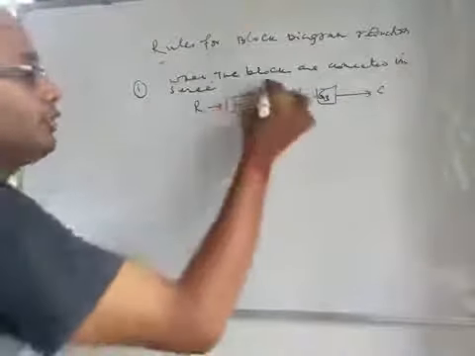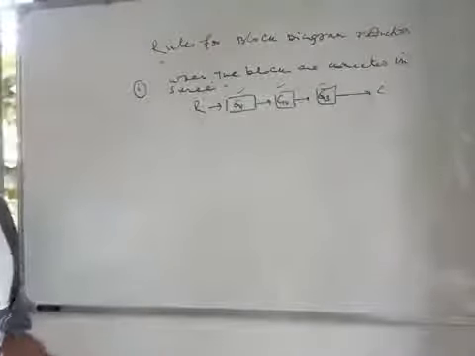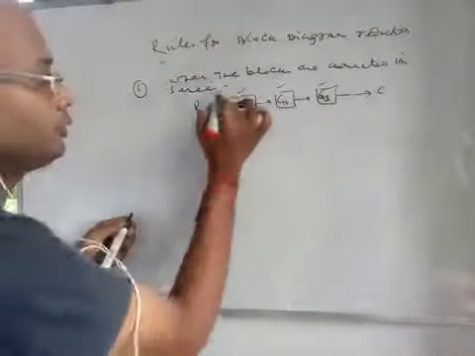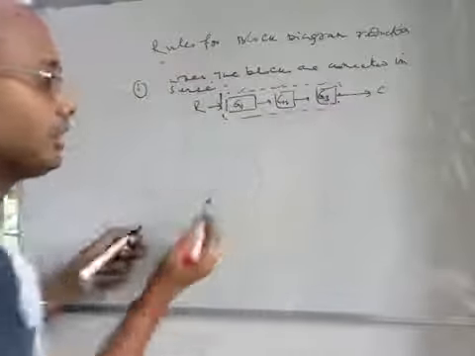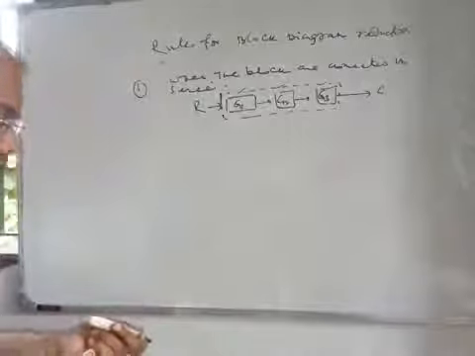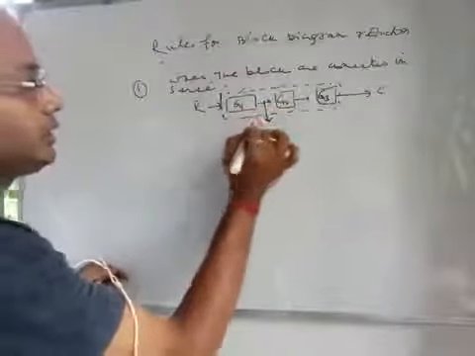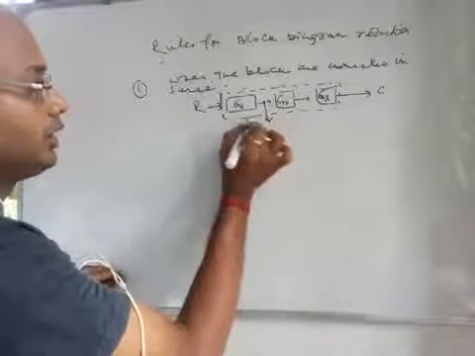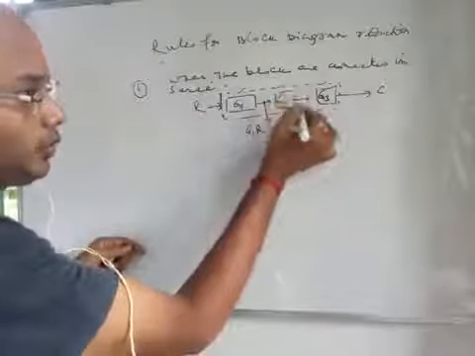So instead of having three blocks, we want to get a single block, right? So you have to reduce these blocks into a single one. This is very simple. R into G1 will give you G1 R, and this will be the input to block G2.